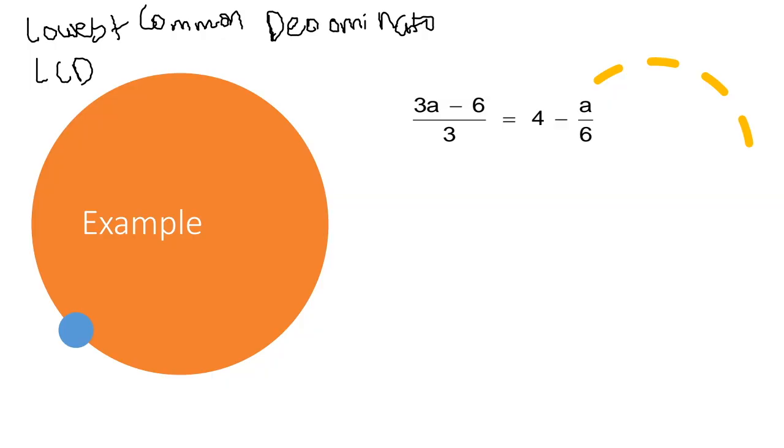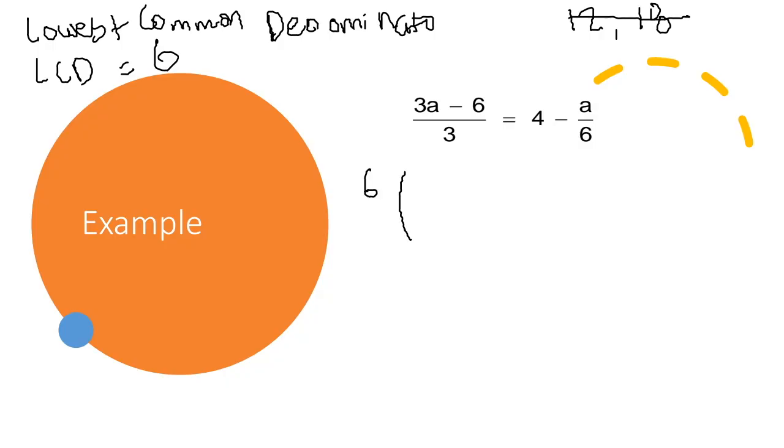So when I see this, I look and say that my lowest common denominator is 6, because 3 can go into 6 and 6 can obviously go into 6. It's just itself. But we could have also used 12, we could have used 18, and so on. So because 3 goes into 12, 3 goes into 18, and 6 goes into 12, and 6 goes into 18, we could have used those as well. We're going to use 6 though.